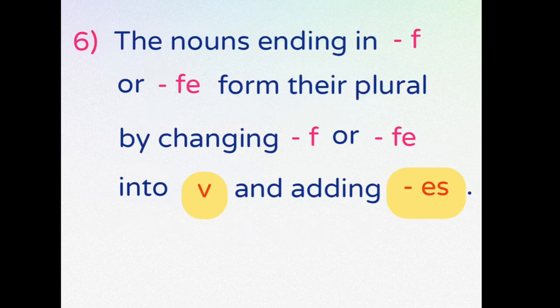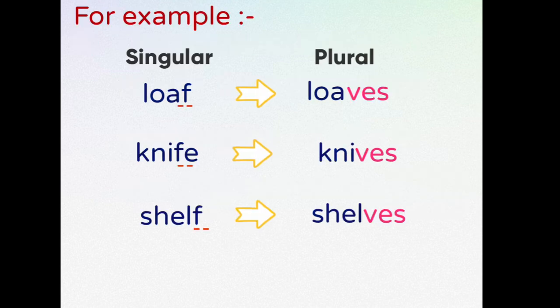Okay, let's move ahead to another rule. The nouns ending in f or fe form the plural by changing f or fe into v and adding es. So we are going to add ves, removing f or fe. Let's have a look at these examples. For example, loaf.